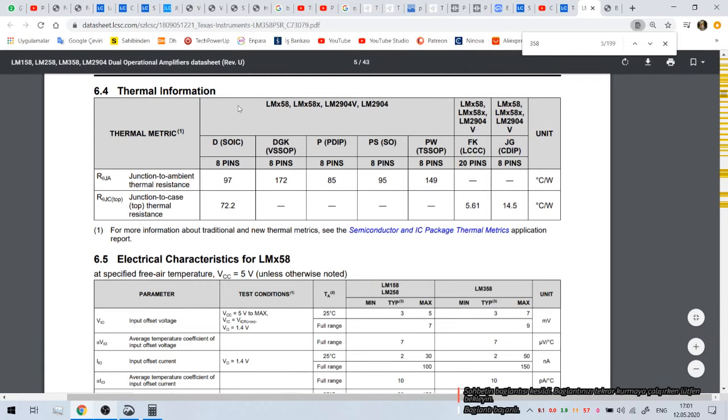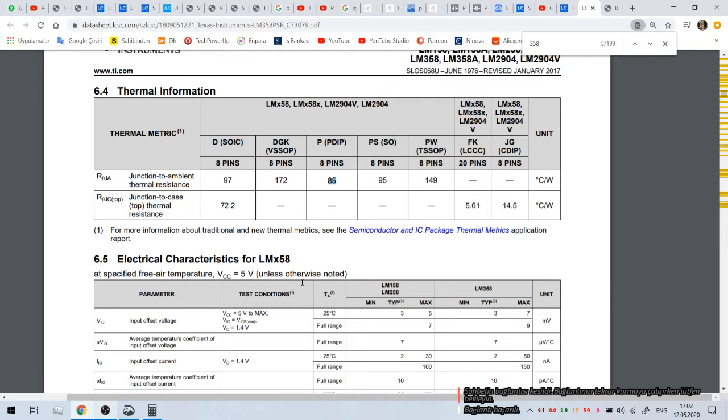Junction thermal information is not important here. We have PDIP at 85 degrees centigrade per watt. It is much higher than we need. We don't want to use it in a 1 watt configuration.